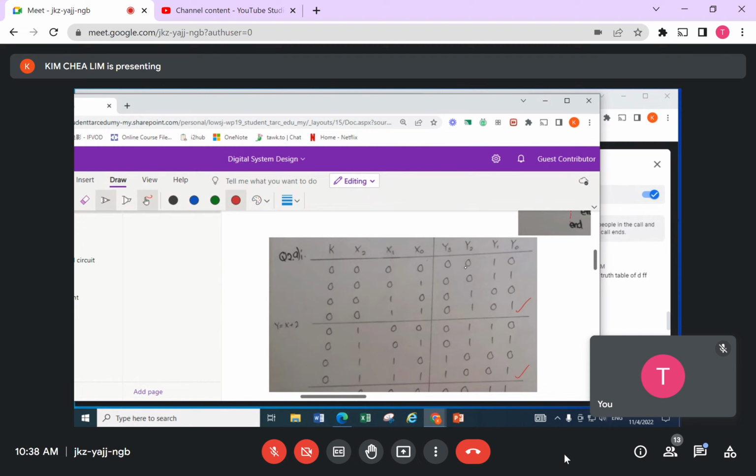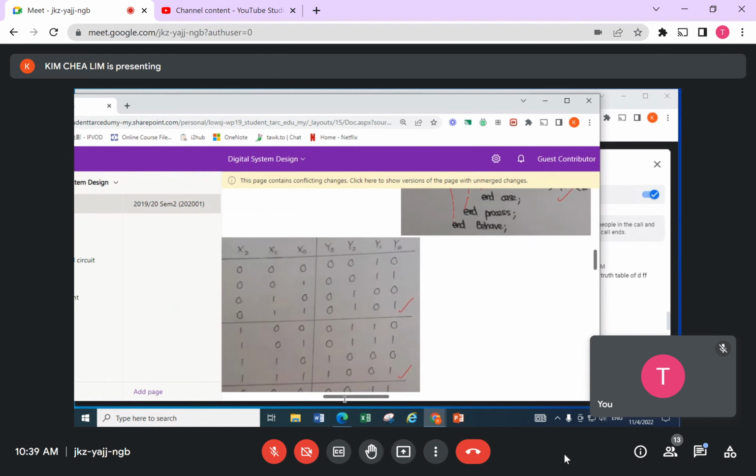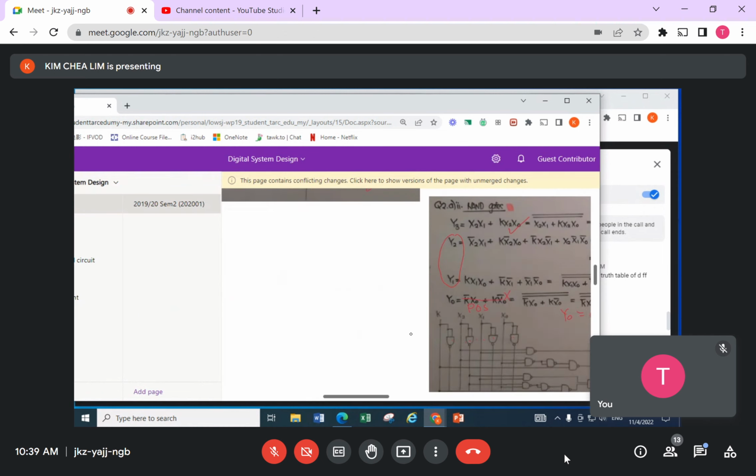Suka hati, your question never says what the selector inputs are, so you decide. Of course, when you decide, make it easy for yourself. So we use K, X2, X1 as the selector inputs, and then these are the variables. That is the easiest one. Of course, if you do differently, I will check and confirm that it is correct. That's all.